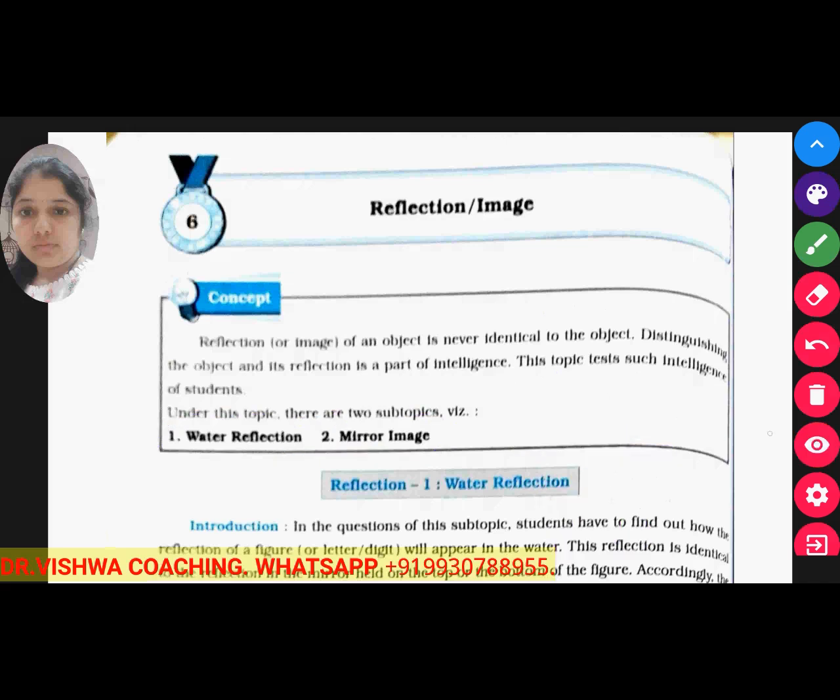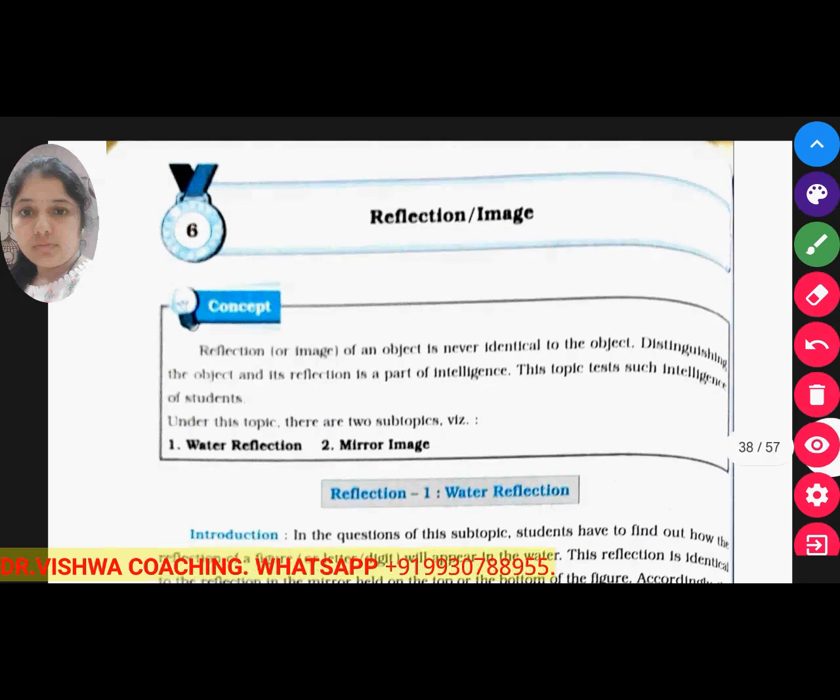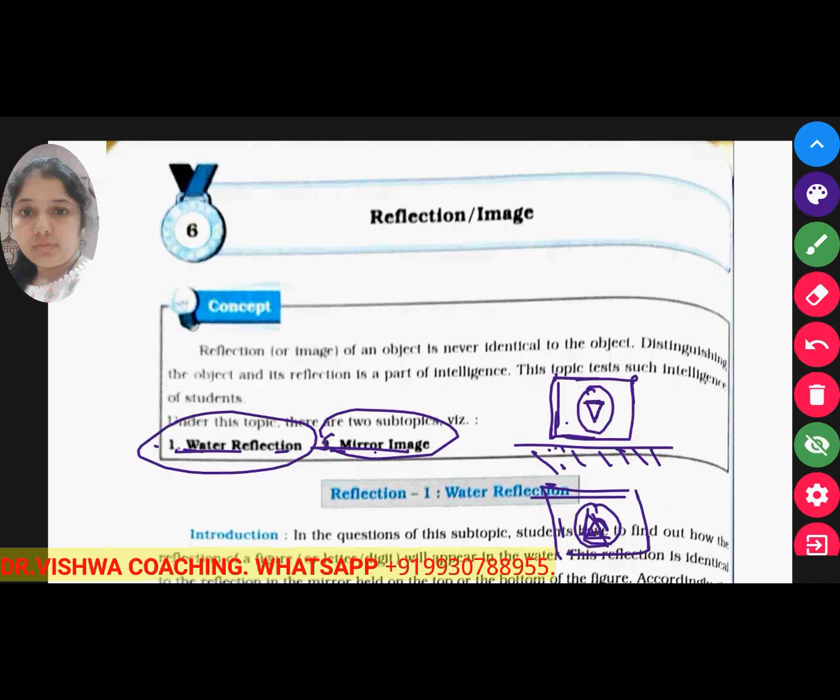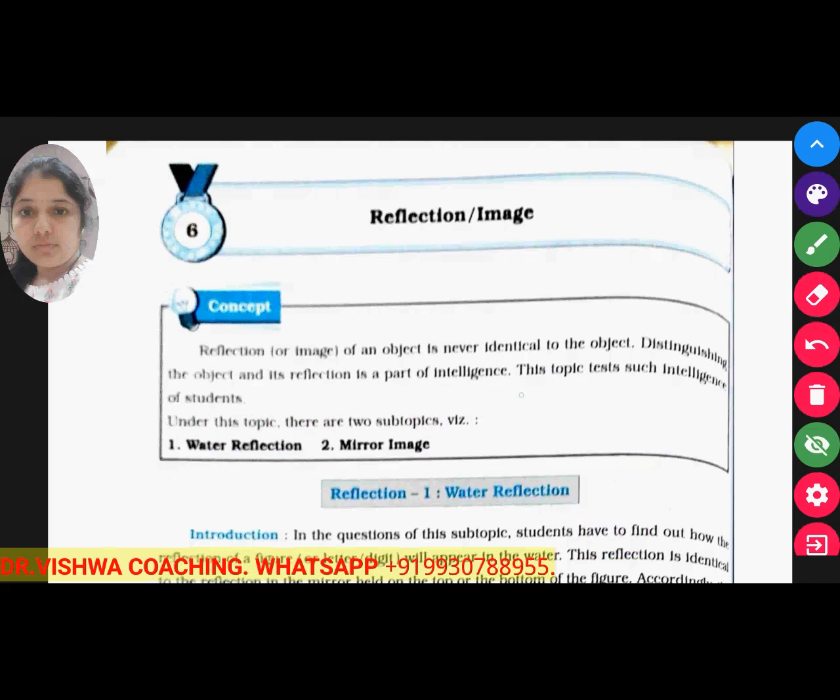Now I will tell you about the mirror image. See, this is one alphabet, B, whose mirror image we want. How does this alphabet look in the mirror? The straight line is on the left side of this B and two semicircles are on the right side.